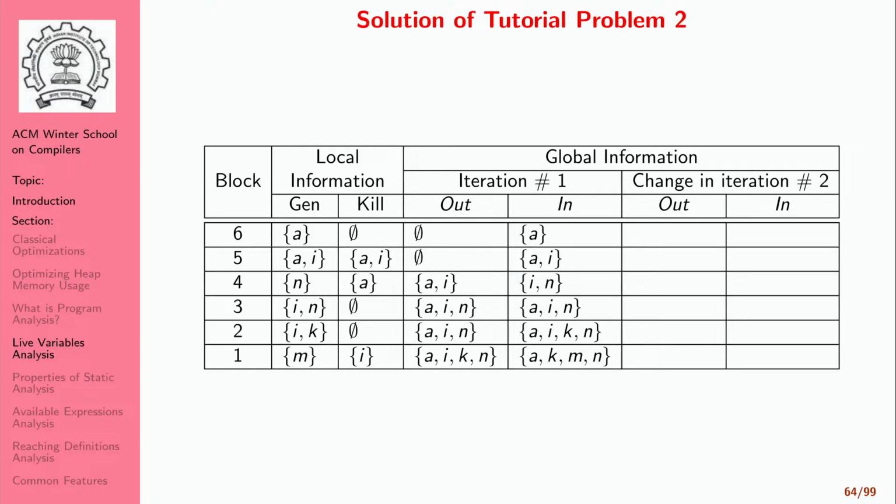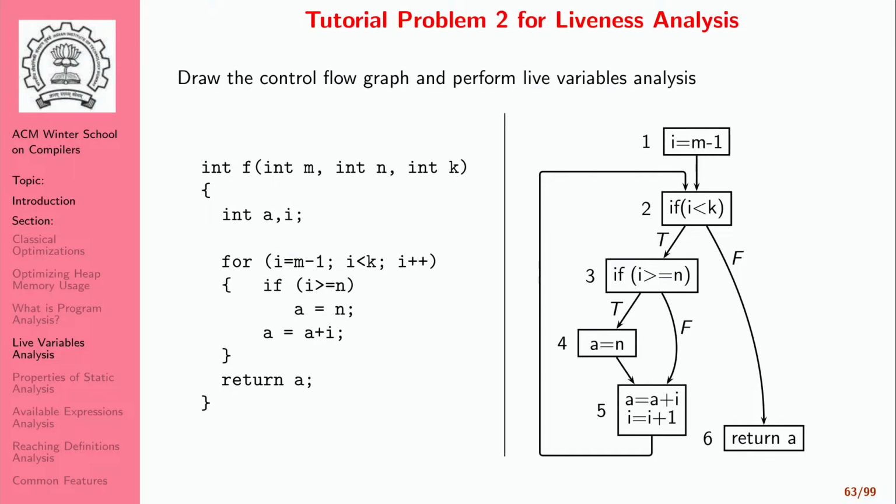Okay. So what will change in the second iteration? Can you look at the graph and tell me what will change? Block 5. Out of 5 will be in of 2. What will become live there?